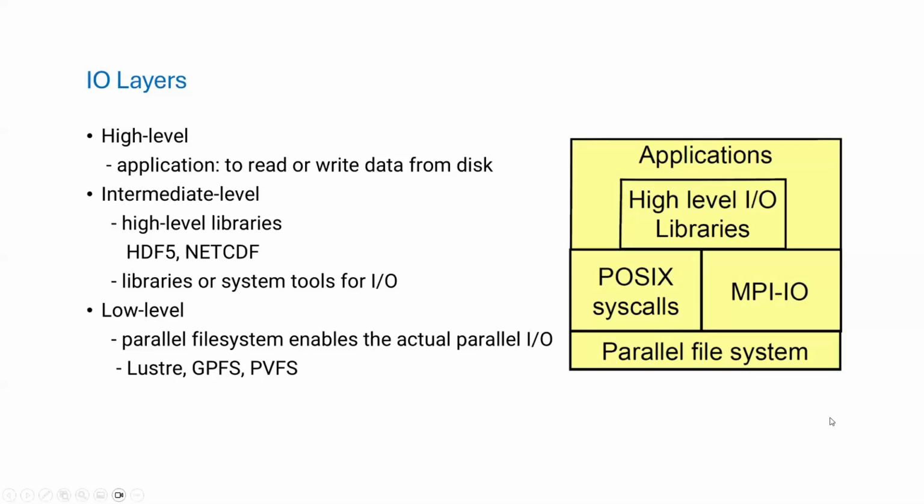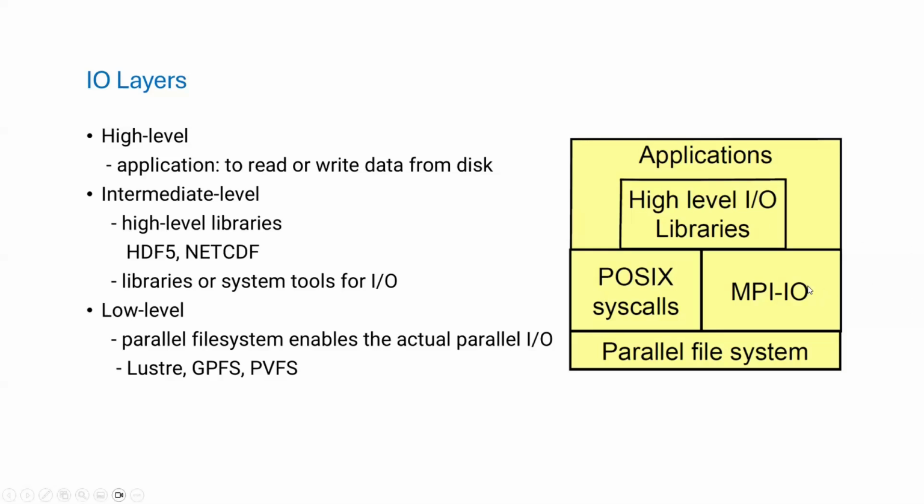Then the intermediate level is a portable operating system interface, called POSIX system calls. The other one is the software level, which is library based. It's MPI and MPI-IO.